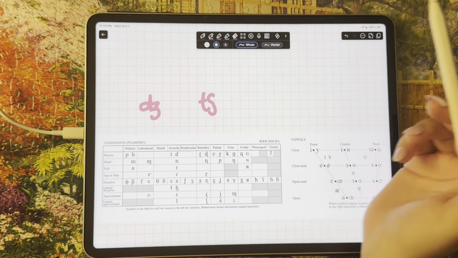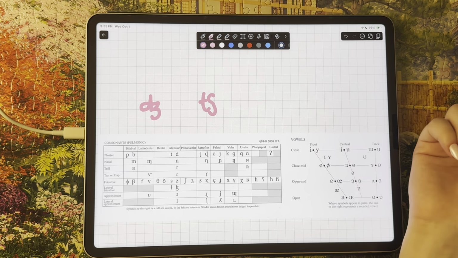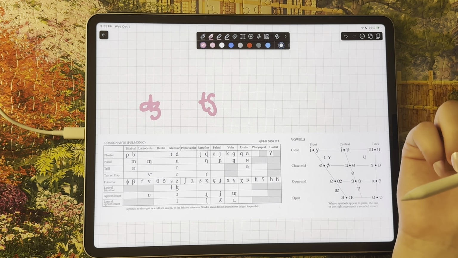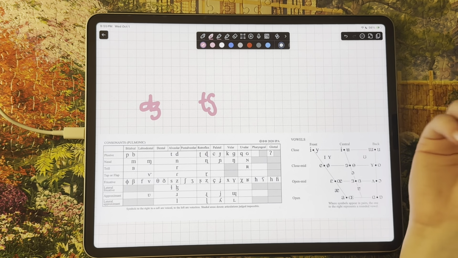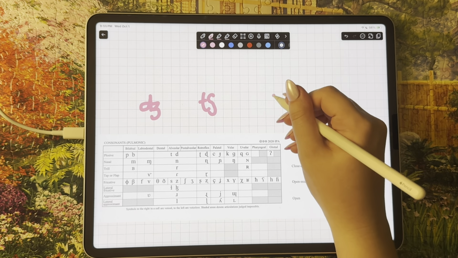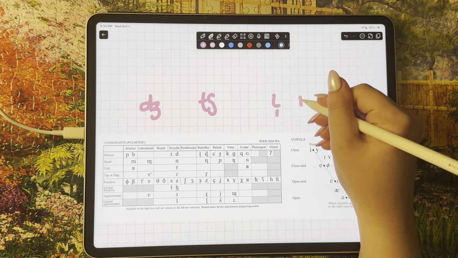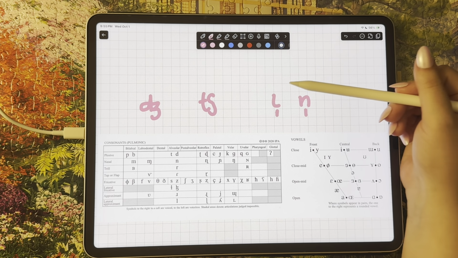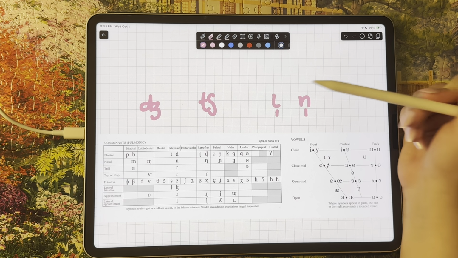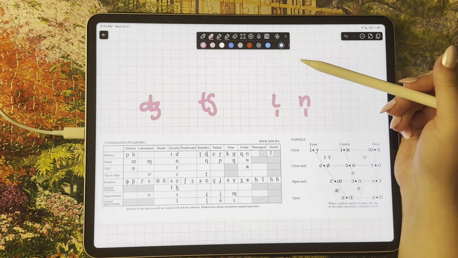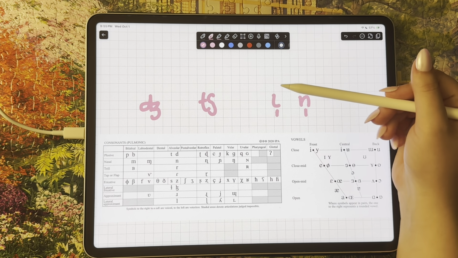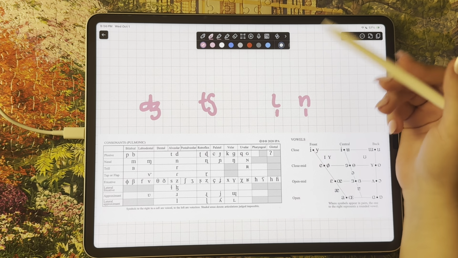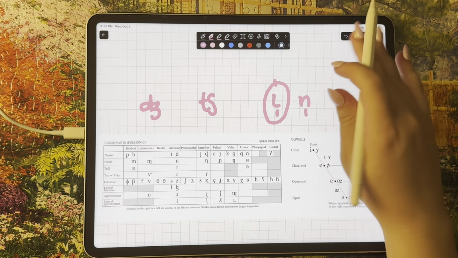And then we have, I'm not surprised it didn't have these in the chart, but there's syllabic L and syllabic N, which just make it like, for example, little. Little has that syllabic L at the end, which turns that L into a syllable.